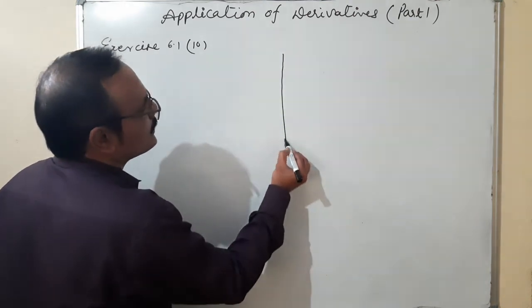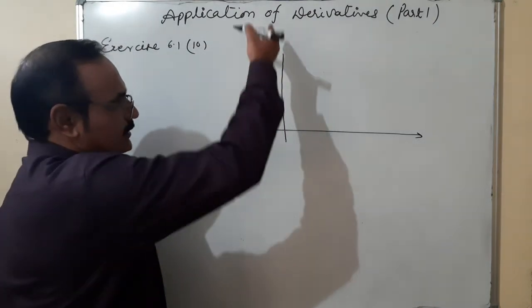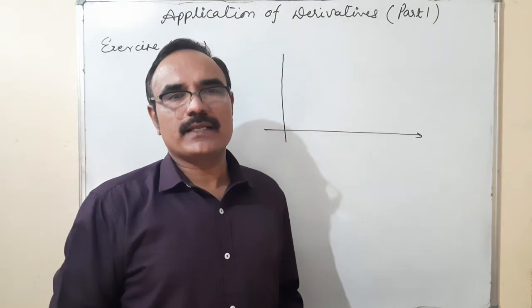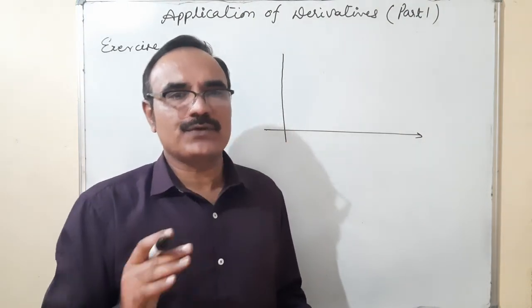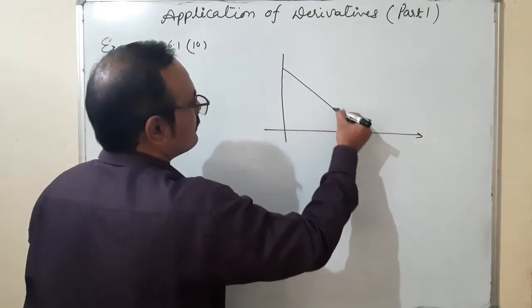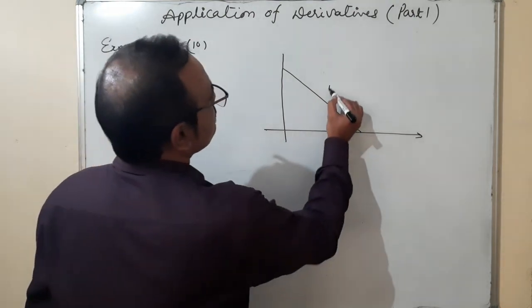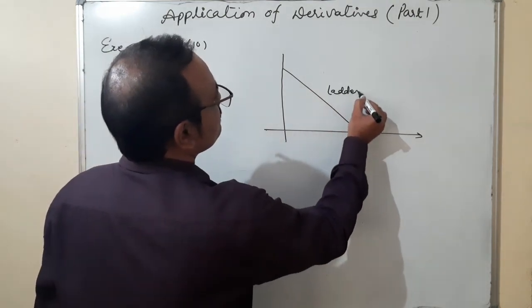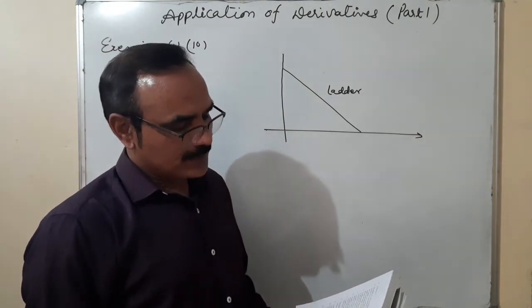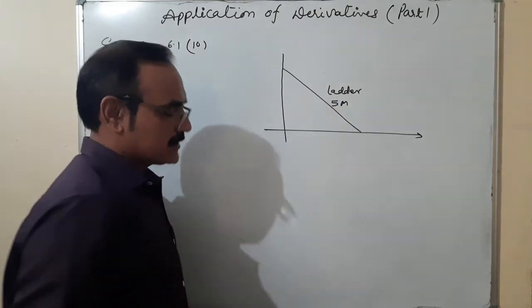A ladder 5 meter long is leaning against a wall. Diagrammatically, I'll explain it to you. This is a wall. A ladder is always placed in an inclined position, so we will treat this as the hypotenuse of a right angle triangle. This is the position of the ladder leaning against a wall. The length of this is 5 meter.